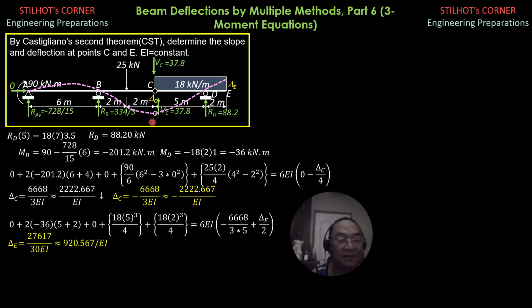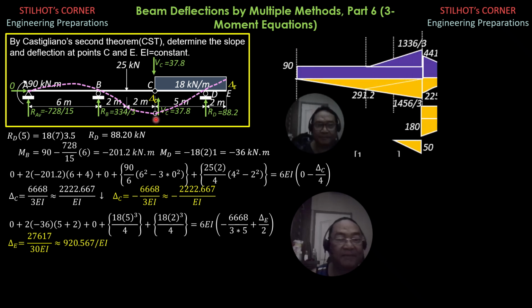So first, let's determine the angle formed between the tangents at A and C left, which is simply the area of the moment diagram. So I copy the moment area by parts from the area moment method.